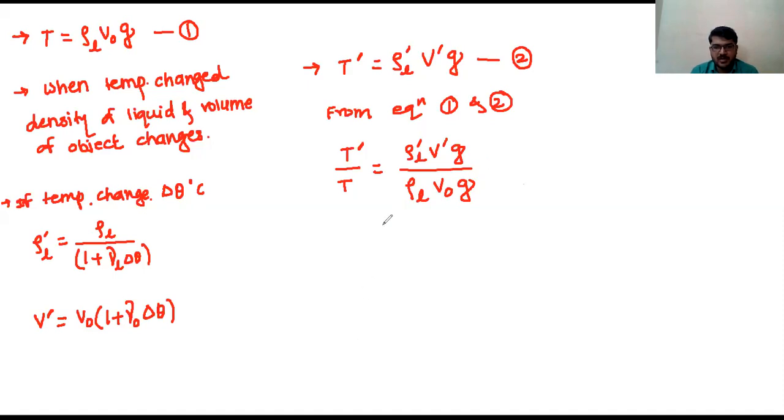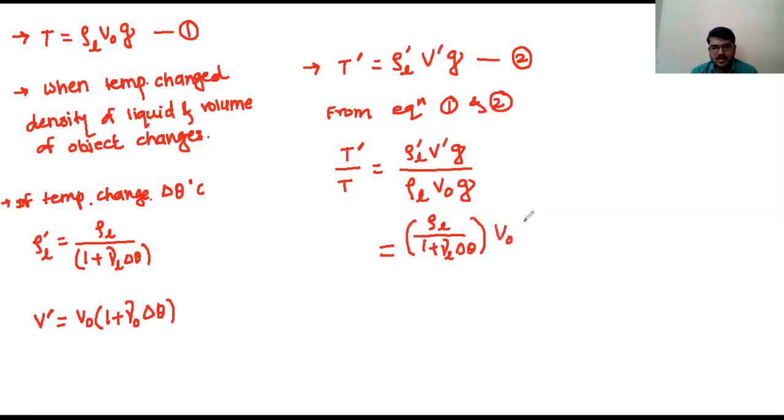Is it okay? So see here, rho L dash value we know. Substitute here rho L by 1 plus gamma L delta theta. This finished rho dash. V dash is what? Here it is.